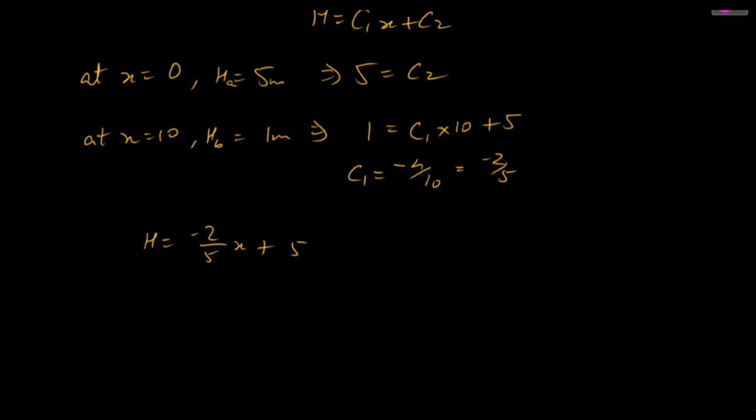So they've asked us to find out the value of H at the middle of this soil strip, that is at x is equal to 5. So H equal to minus 2 by 5 into 5 plus 5. Therefore, the head of water at the middle of the strip will be equal to 3 meter.